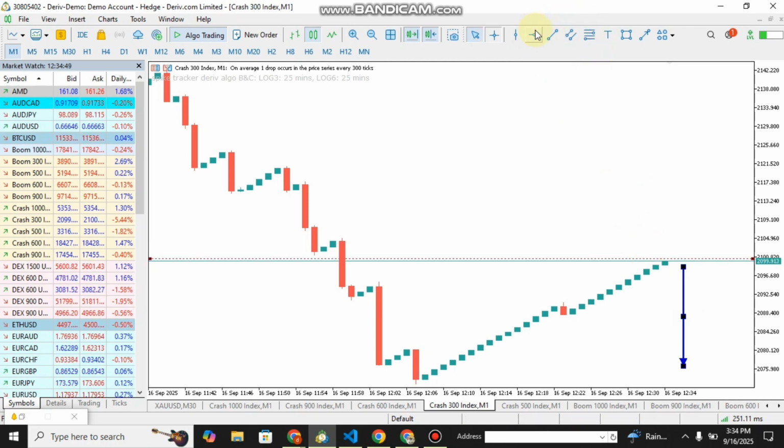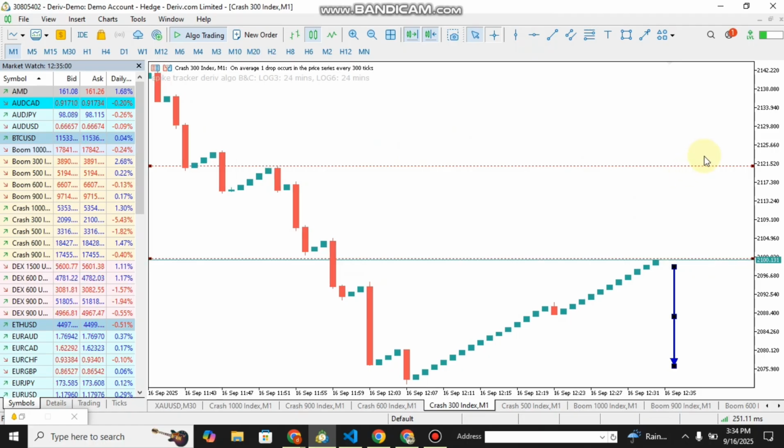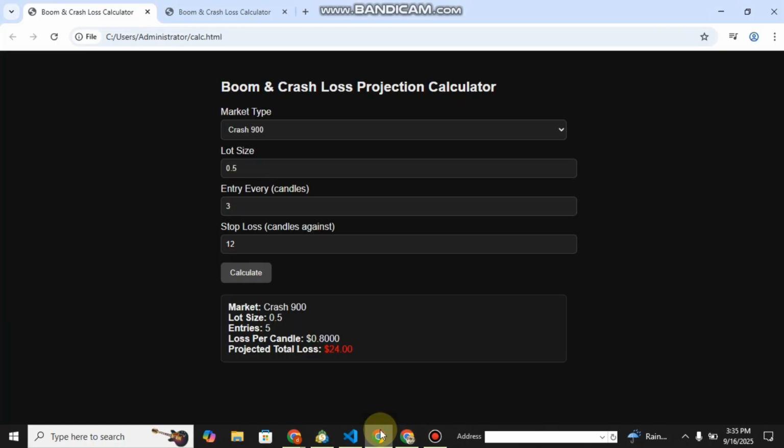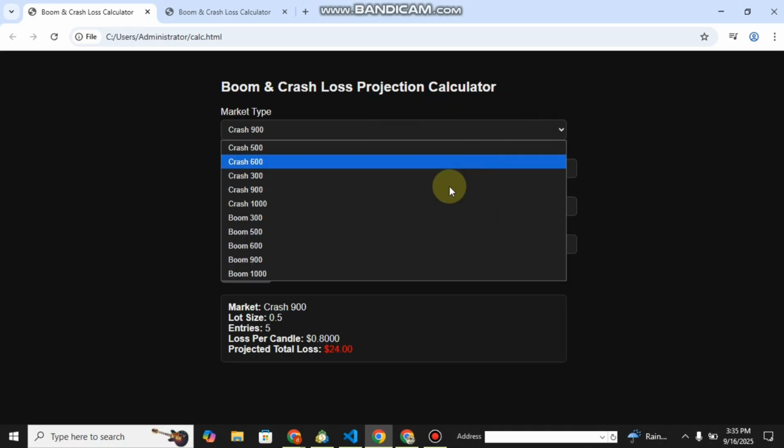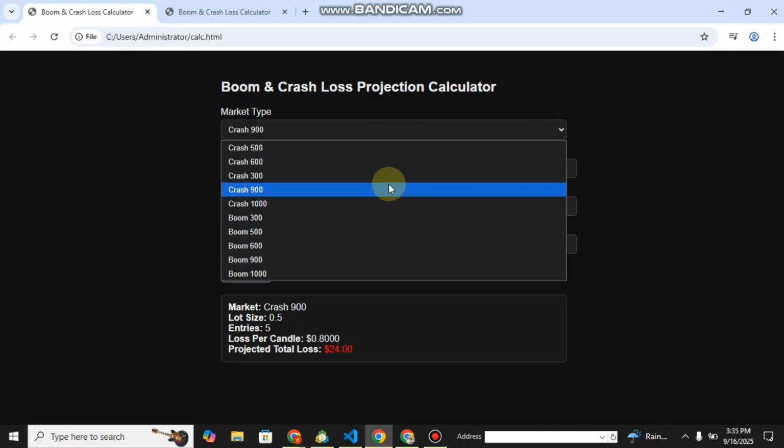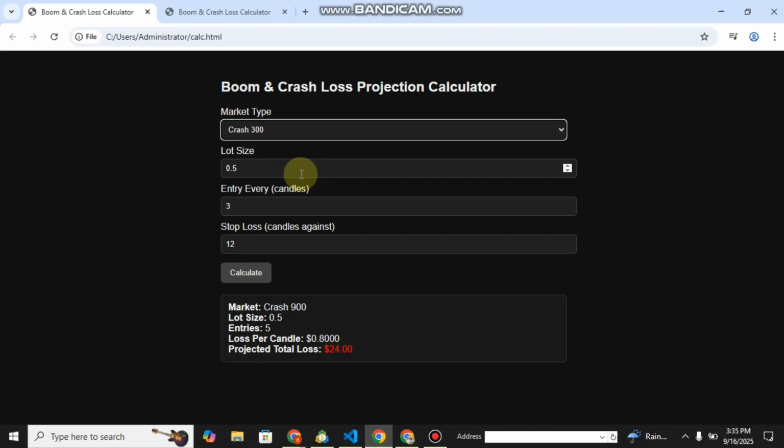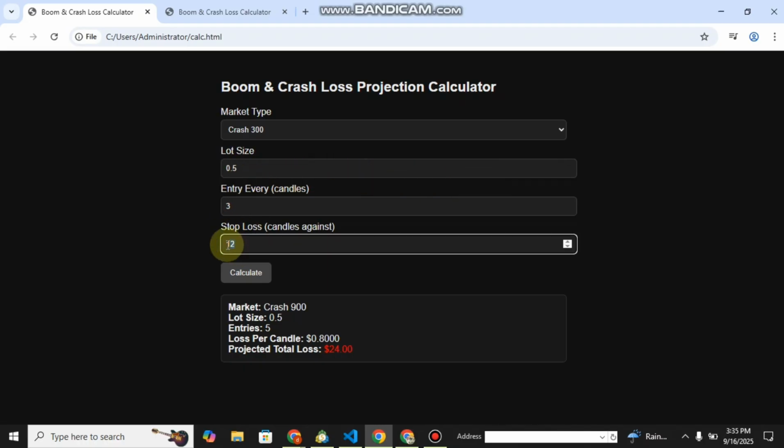Let's say my stop loss is 15 candles, and after every 3 candles I'm adding a position of a certain lot size. So it's Crash 300, and the smallest lot size is 0.5 for Crash 300 after every 3 candles, and let's say stop loss is 14. I would have lost $36, unfortunately.